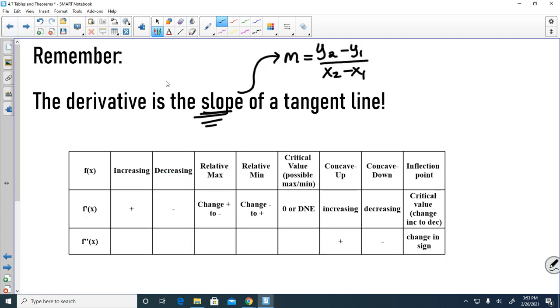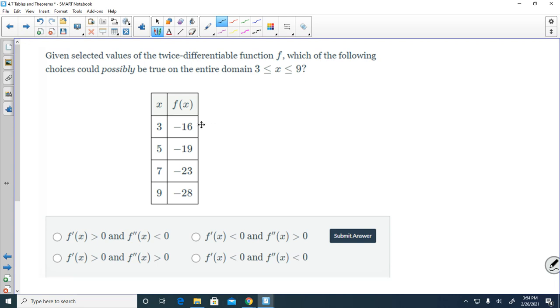So let me go back and look at my chart. I know f prime will be positive or negative based on whether f is increasing or decreasing. Let's look at this. I have values of f right here that I can see. Based on my chart, from negative 16 to negative 19 to negative 23 to negative 28, it looks like f is decreasing.